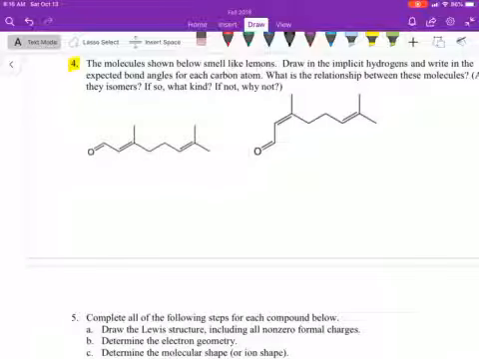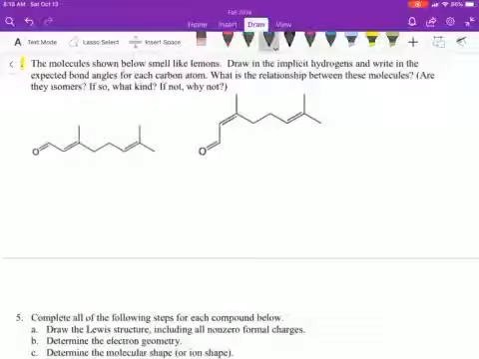Alright, so I am just going to clarify what I know I confused you guys on during recitation. For number 4, we're just going to talk about this relationship between them and whether they are isomers or not, because we already drew in the hydrogens. Just remember the points are carbons, and each carbon has 4 bonds.